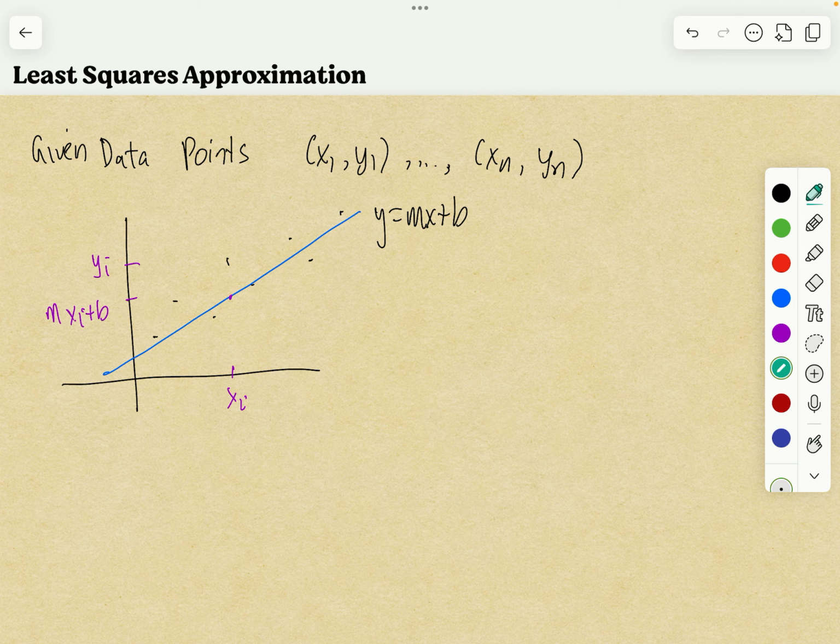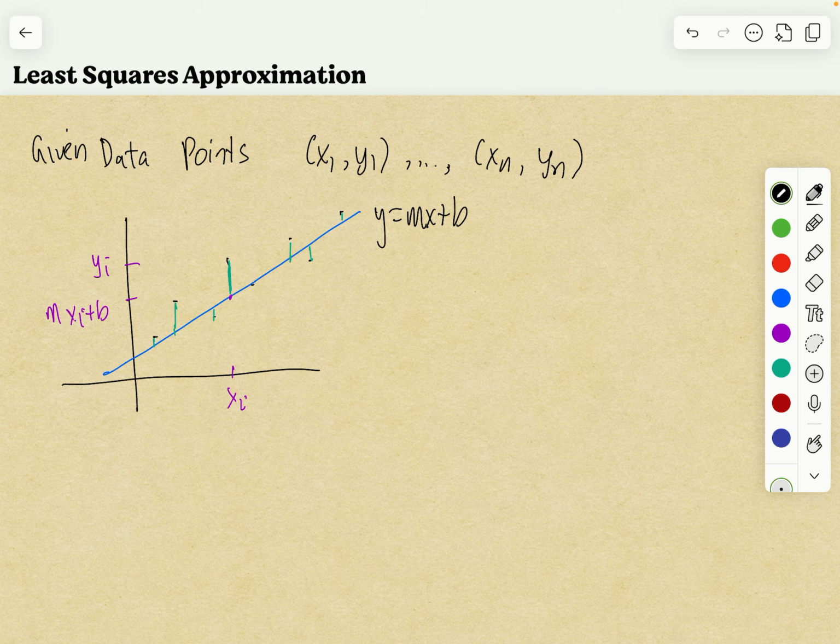And you look at the difference in those values. And you take each of those differences and you square them and add them up. And in least squares approximation, you want to minimize that.